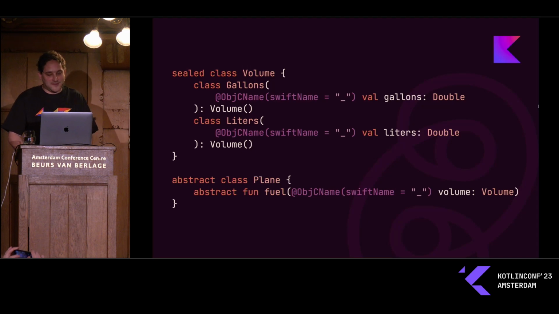And in Swift, if a parameter is called underscore, it's a special token, and we'll see that. So as you can see, you need to add ObjCName and swiftName. If you don't add the swiftName, it will also change the name of the Objective-C parameter to underscore, and it will make no sense in Objective-C. And we are only trying to improve Swift here, because the Objective-C API is correct.